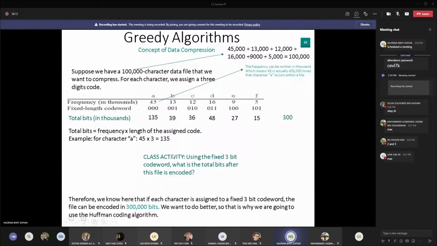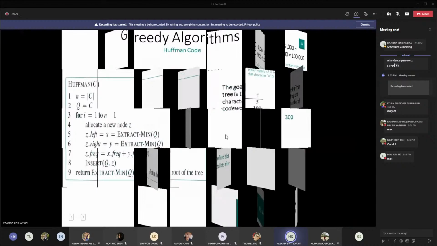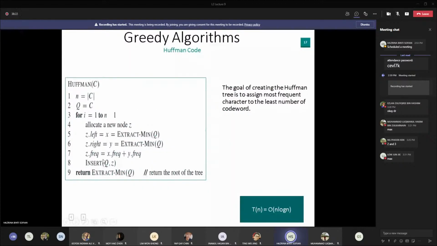So this is not a greedy method yet. In order to make the compression smaller, we use the Huffman code. What we need to do, the first step, is to create a Huffman tree to assign the most frequent character to the shortest code word.